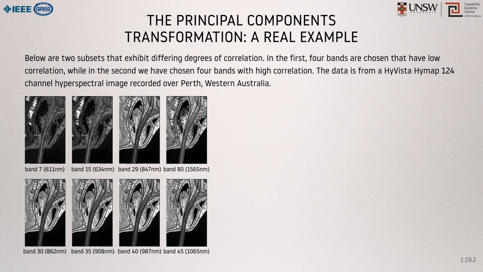In the second dataset, at the bottom, we have intentionally chosen 4 wavebands close together in the near infrared range. This dataset has a high degree of correlation. You can tell that by inspection because the bands all look the same.